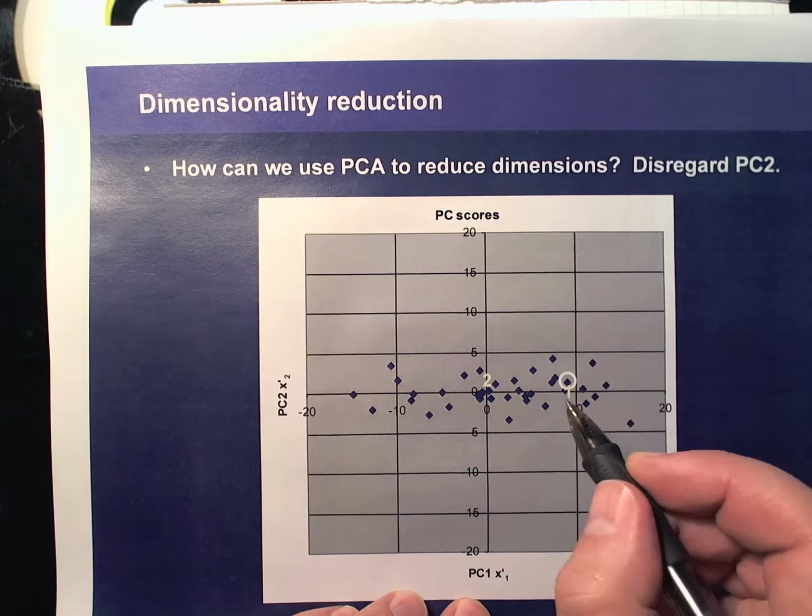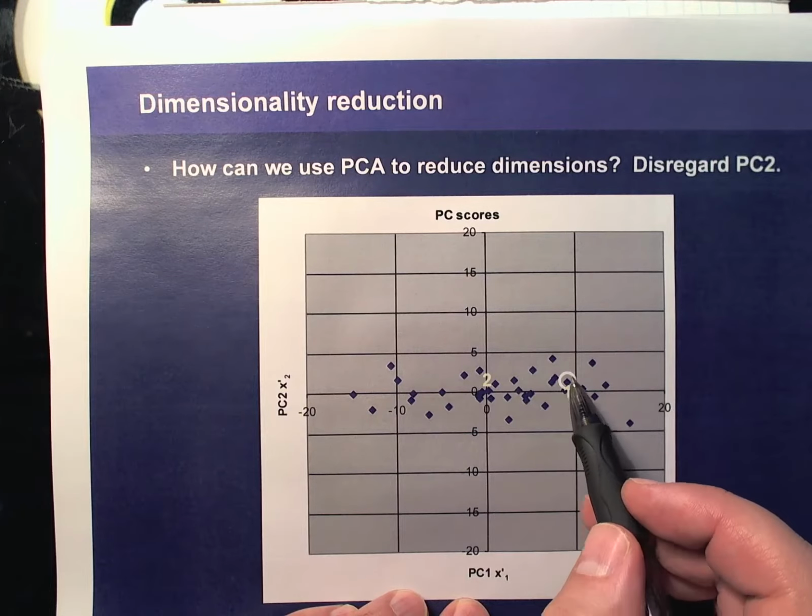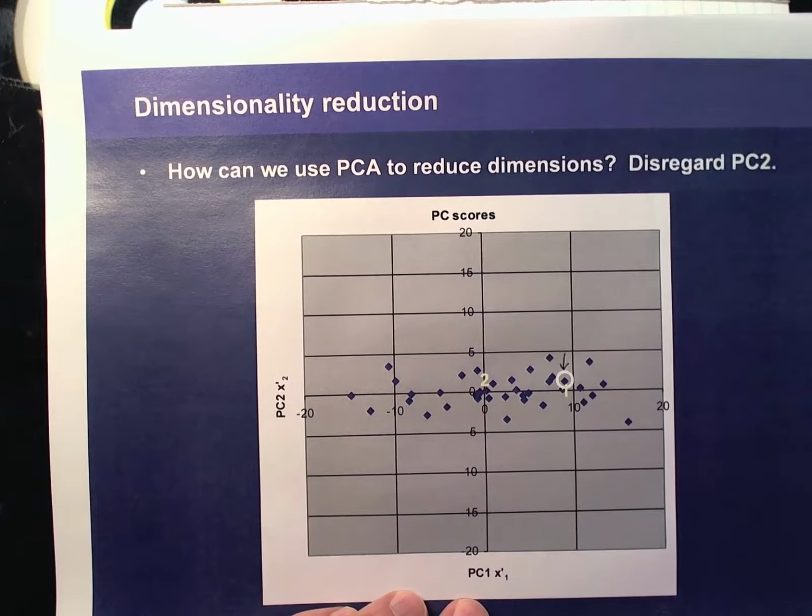So here in this coordinate system, here's a person, the circled person. It lies here.